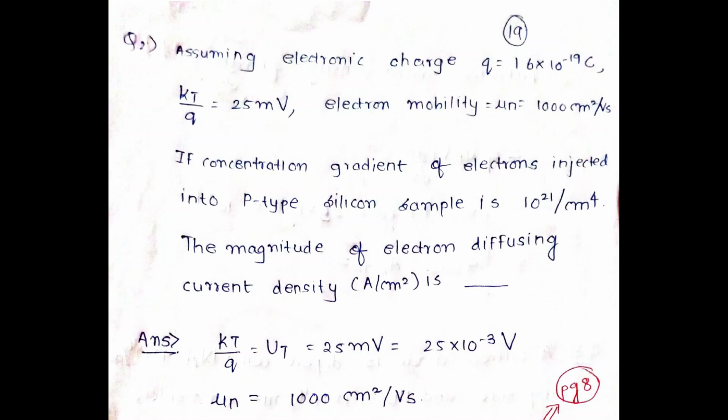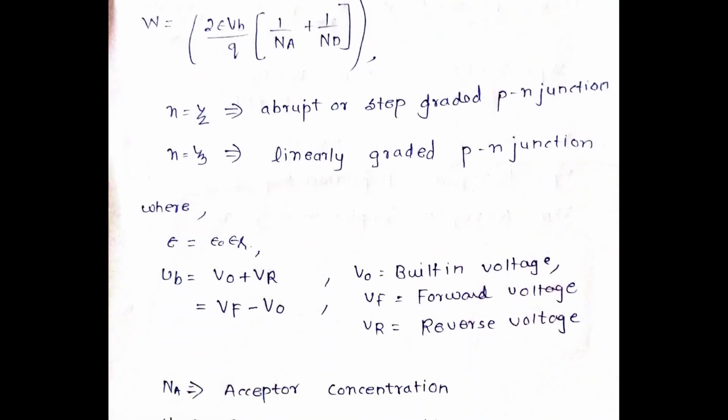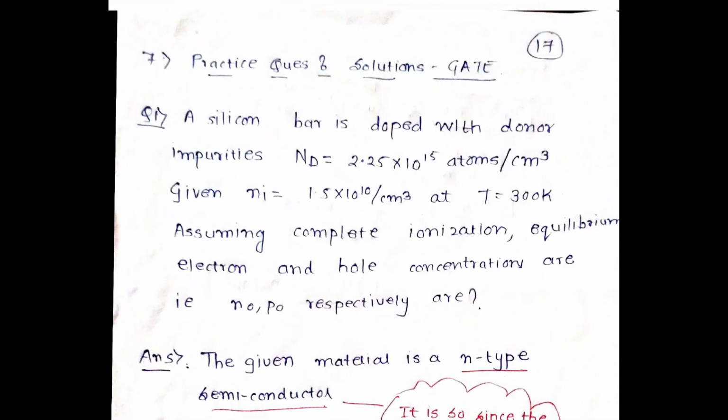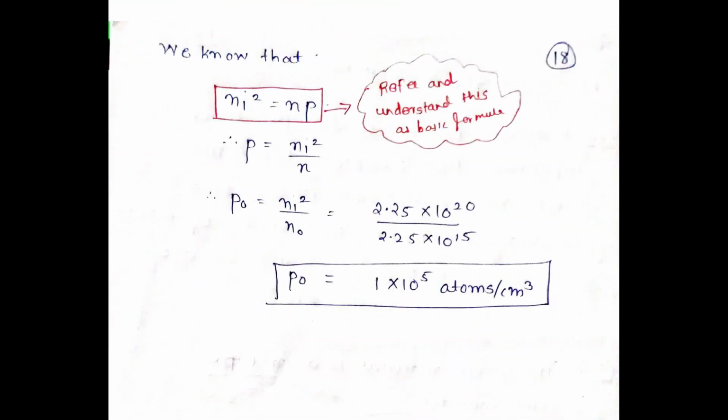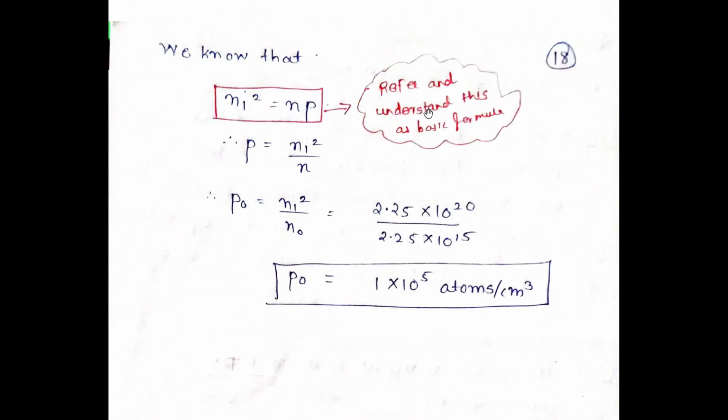In the last class I explained all these formulas, like the depletion region width and the electric field equations, and each and every term in them. If you understand those formulas very well, it will be easy for you to solve this question. Just memorizing the formulas is not going to help you. If you know each and every term in it very well, then you can map those terms onto this question and solve the answer. So I hope I am very clear.